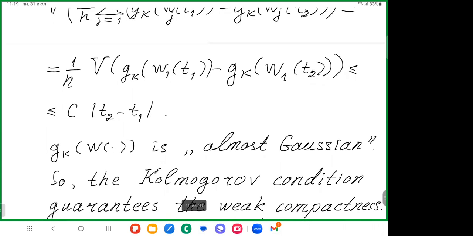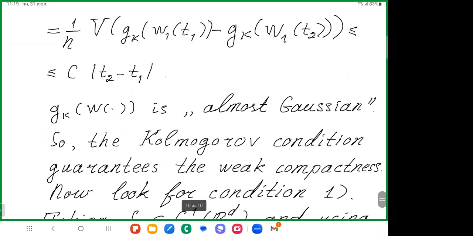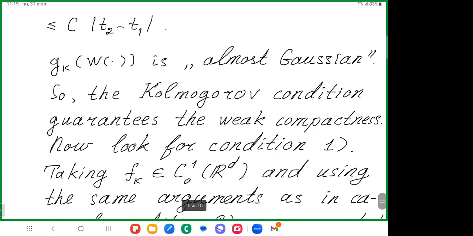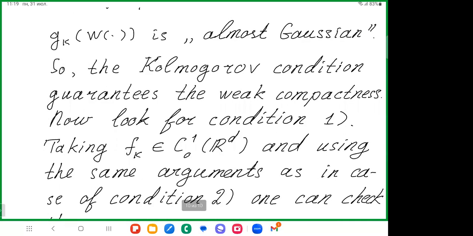Now look for condition 1. As I said, one can take these test functions fk not only with finite support, but with finite support and smooth. For us, it is enough if they have a continuous derivative.